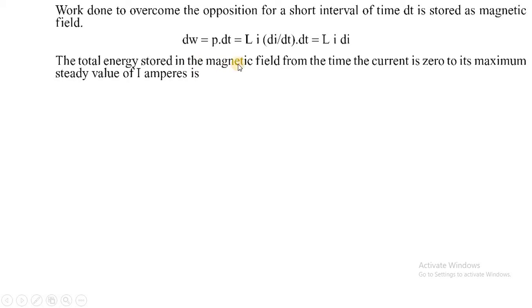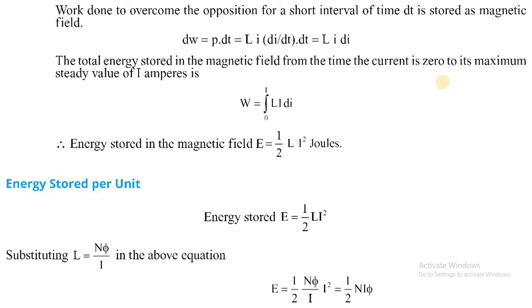So to find the total energy stored in the magnetic field, from the time the current is 0 to its maximum value, we are going to integrate from 0 to I. So integration from 0 to I of Li into di is equal to half into Li square.